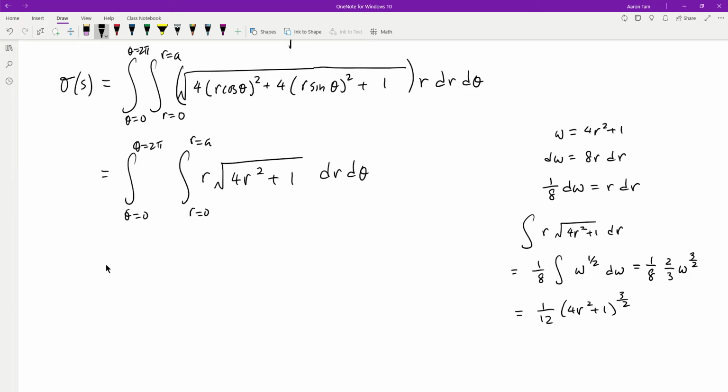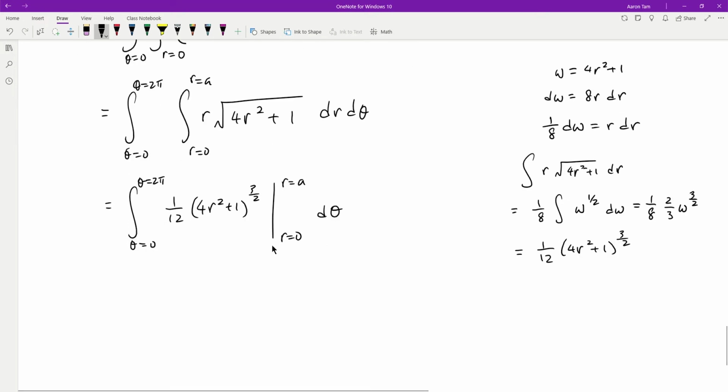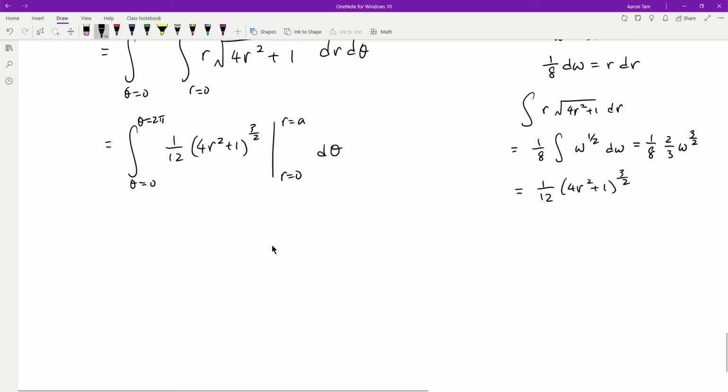Therefore my integral is theta from 0 to 2 pi, and then this whole thing would integrate to 1/12 times 4r squared plus 1 to the 3/2, evaluated from r equals 0 to r equals a. And I still have the d theta that I have to deal with. If I plug in 0, I actually don't get 0, so that's a little tricky.